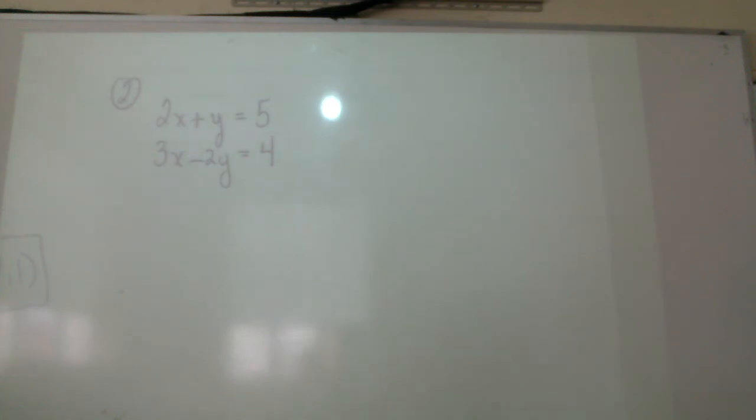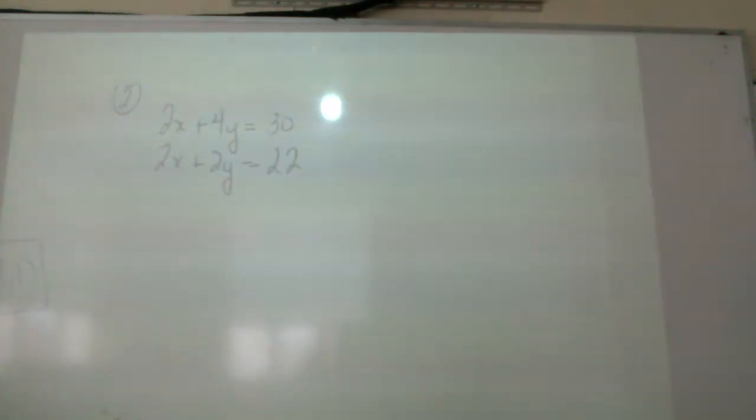Actually, I think I'm going to change that one, that's very similar to number 1. So let's do 2x plus 4y is equal to 30, and 2x plus 2y is equal to 22.